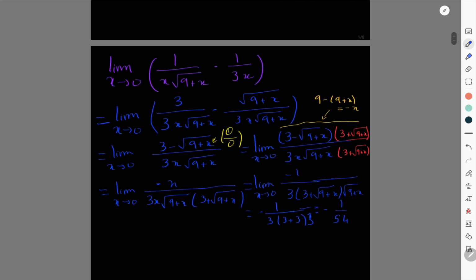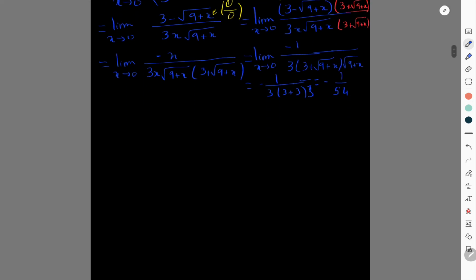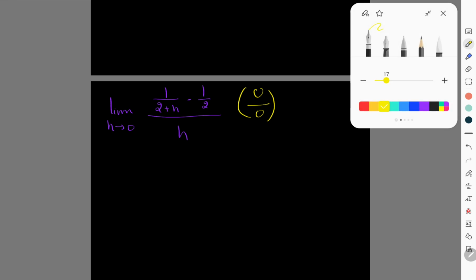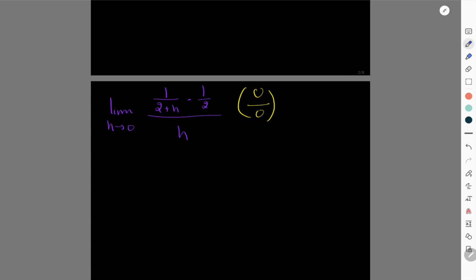Okay, let's do one more example. The limit as h approaches 0 of (1 over 2 plus h minus 1 half) over h. The first thing would be to try and plug in. The top will go to 1 half minus 1 half, which is 0, and the bottom will obviously go to 0 as h gets close to 0. So I do have 0 over 0, which is an indeterminate form.